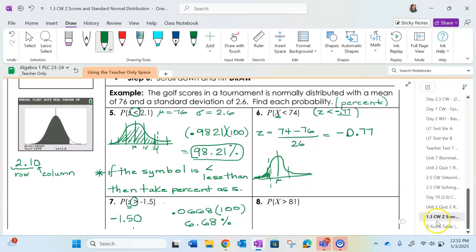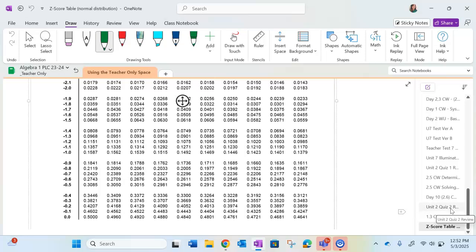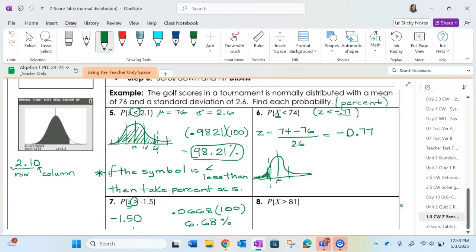So I'm going to go to my table, go to my z-score table. I'm going to find negative 0.77. So there's 0.7, but now I have to go to the column. So I know it's 0, 1, 2, 3, 4, 5, 6, 7. So I know it's 0.2206. Okay, let's go back.